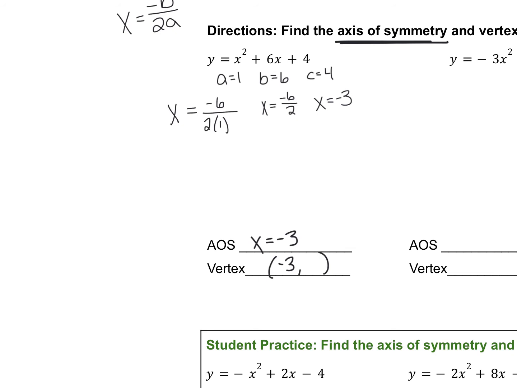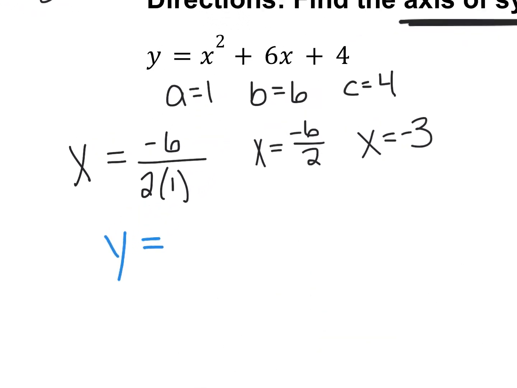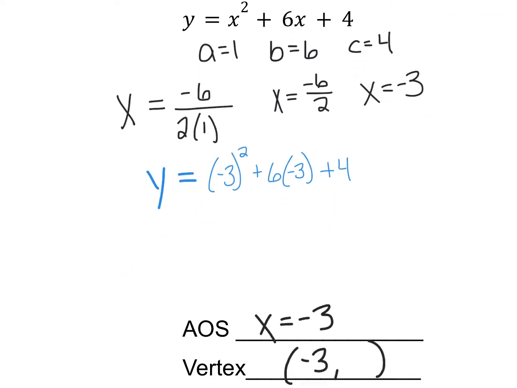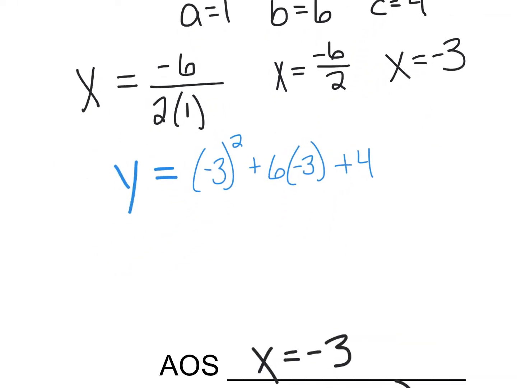We're going to use our original equation. So y equals, anytime I see an x, I'm going to put a negative 3. So I see x to the second plus 6x plus 4. Let's go ahead and solve. Negative 3 to the second power. Please, please, please remember it's negative 3 times negative 3, which will give us a positive 9.